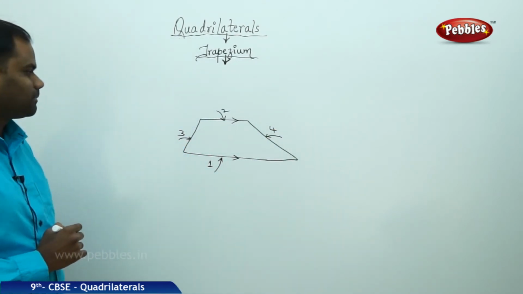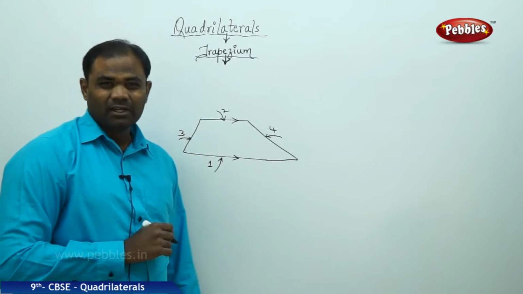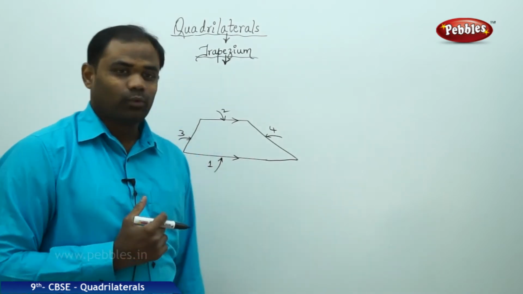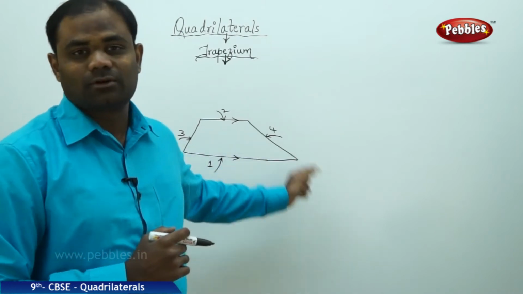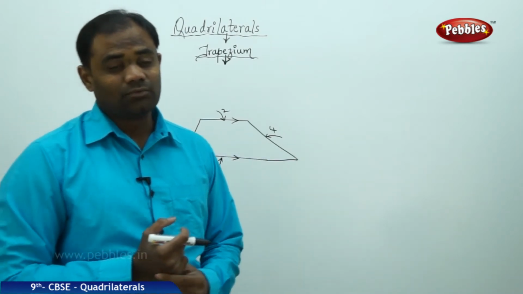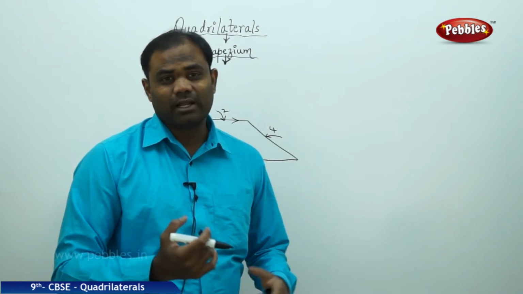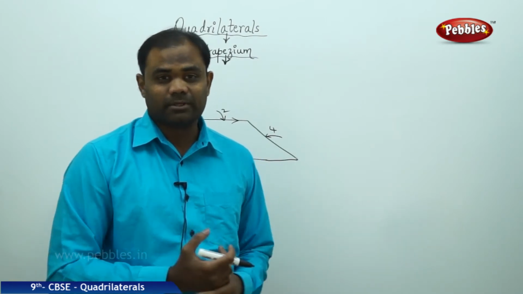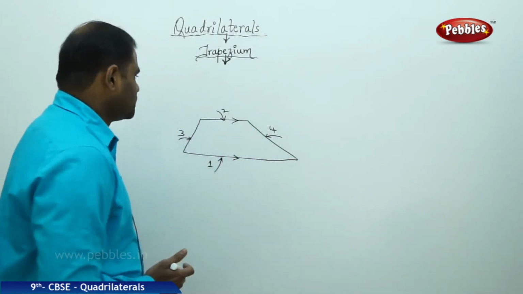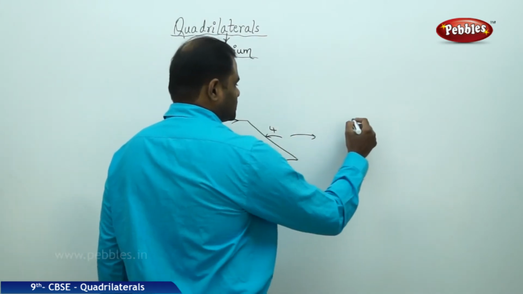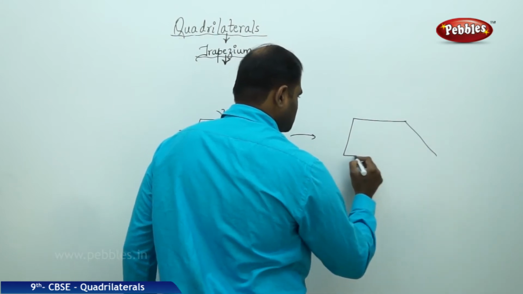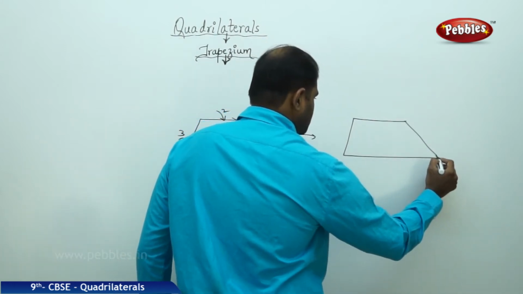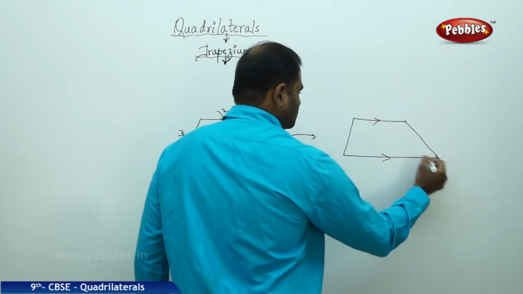So here I get a figure where one pair of lines is parallel, and the other pair of lines is not parallel. Let's see how this special case of a quadrilateral is defined in the mathematical sense. When I join this, I clearly get a figure with a special case that one pair is parallel.